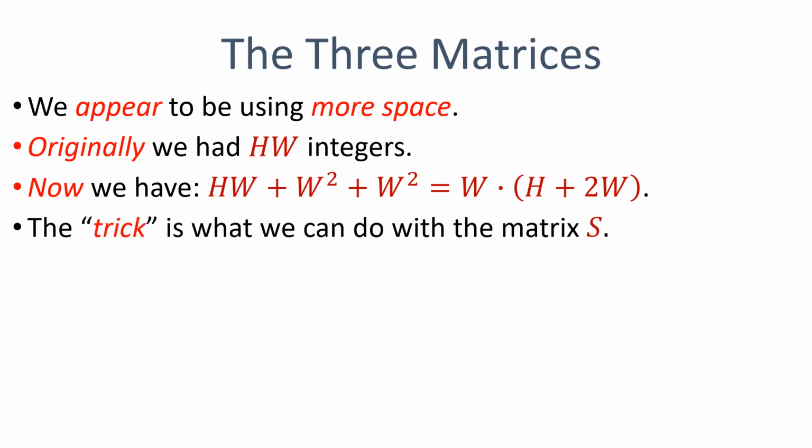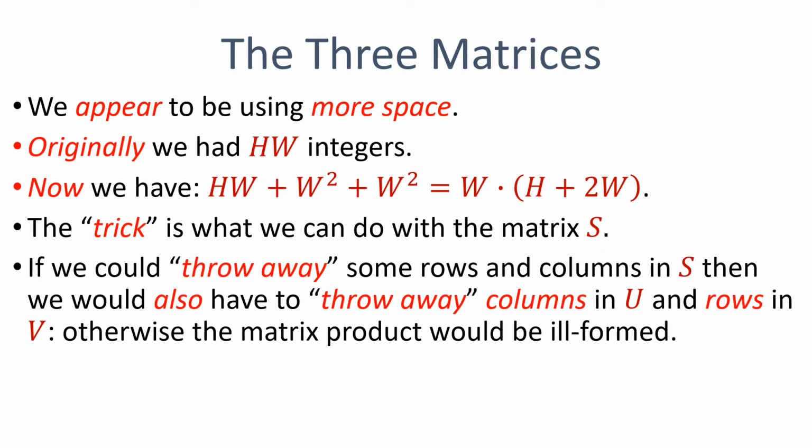Now, in fact, we don't use those 3 matrices as they're originally formed. We have to carry out some manipulation with the middle matrix in our 3. So what do we do with that? What we do is we try and throw away some of the entries in our middle matrix.